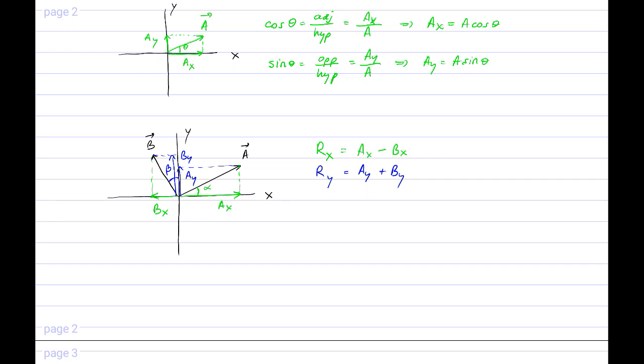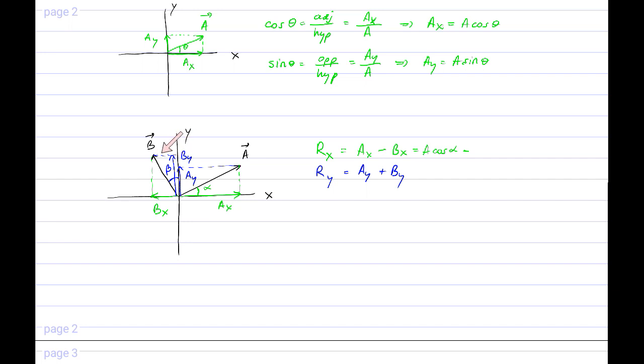So then A x is A cosine alpha, and B x is, so first I have to put the negative sign here. B x, so let's look at that a little bit. B x is this vector. Well, that's also this vector.